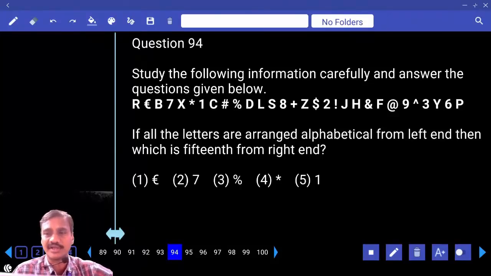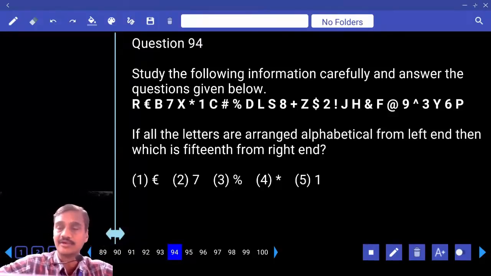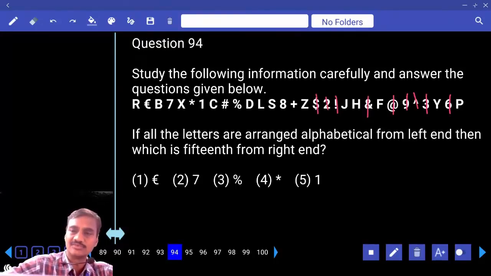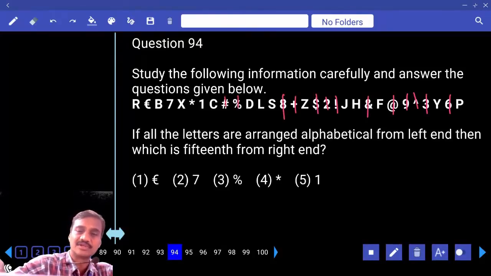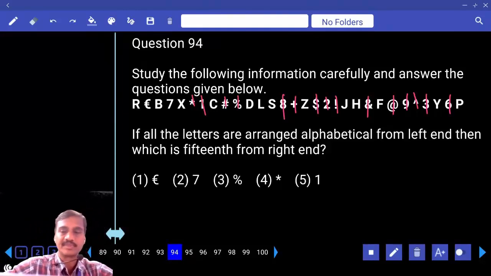Now we need to find out the 15th element from the right-hand side. Counting 1, 2, 3, 4, 5, 6, 7, 8, 9, 10, 11, 12, 13 and 14 and 15, what is the 15th from the right-hand side? Star is the answer.